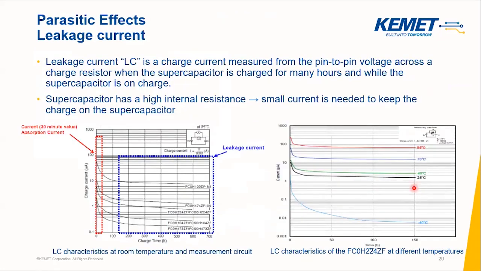When it comes to the parasitic effect, we also have another thing we call leakage current. Most of the time when you are reading about supercaps, you see that self-discharge current is the same as leakage current, but it's not exactly the same. Leakage current is the charge current measured from the pin-to-pin voltage across the charge resistor when the supercap is charged for many hours and while the supercap is uncharged.